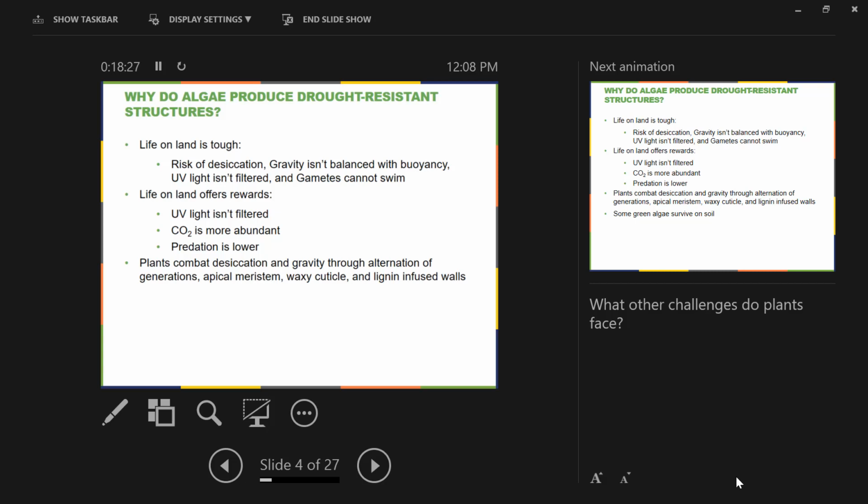It doesn't literally fear water, but that's what the term actually means. But they repel water. So if you're covered in wax, water can't leave that surface because it can't cross through that wax. It's wonderful. And then look at this one, lignin-infused walls. What is that? It strengthens the cell walls which surround the cells so the plant doesn't collapse in response to gravity, so that it can stand up.